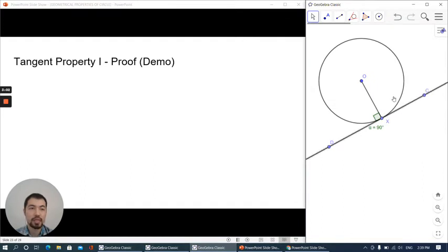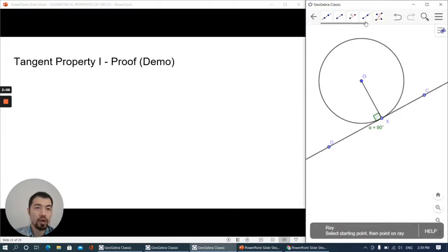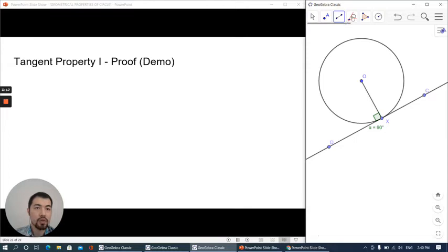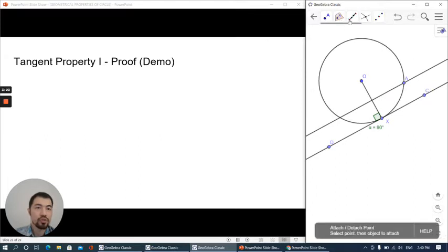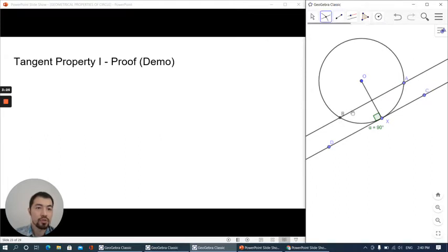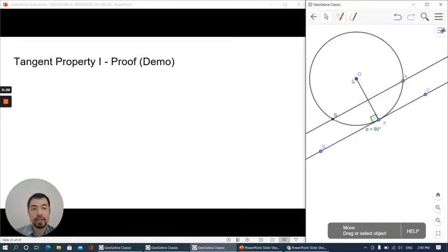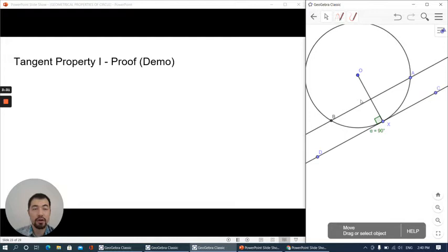So let's say we have a chord. We draw a chord that is parallel to the tangent.